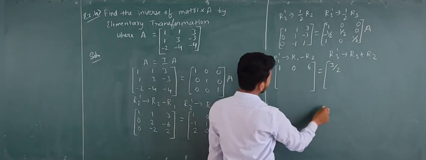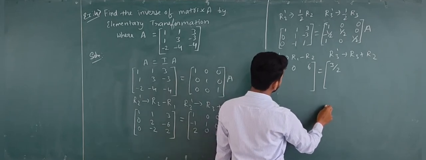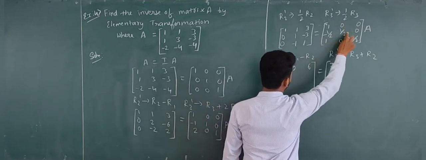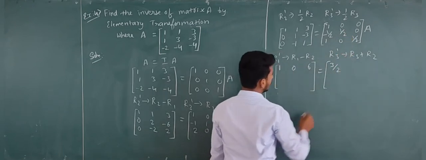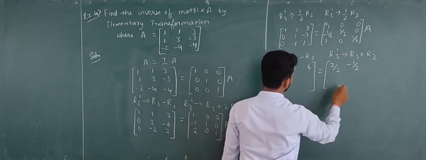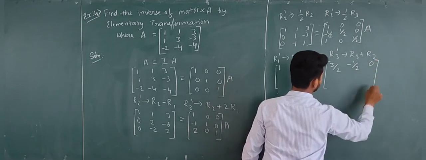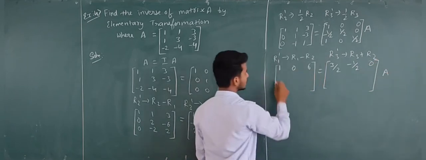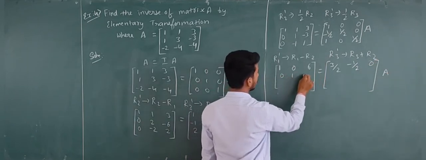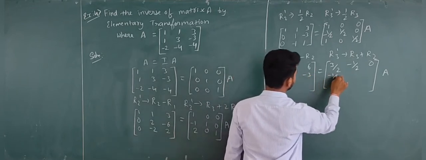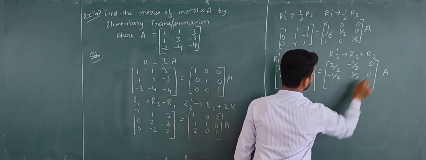So next, 0 minus 1 by 2 is minus 1 by 2, and 0 minus 0 is 0. You can write the second row as it is: 0 1 minus 3, minus 1 by 2, 1 by 2, 0.